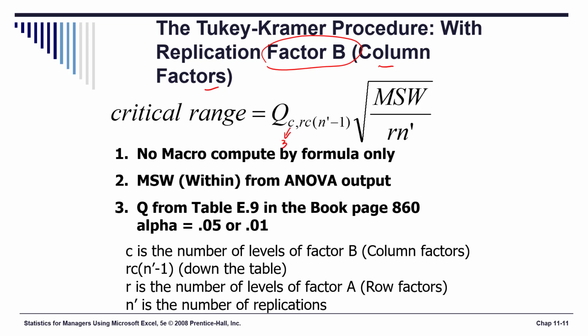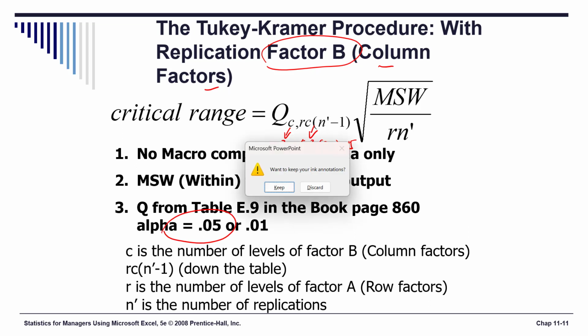C here is 3, right? And R is 5, C is 3, n prime minus 1, that's 2 minus 1, so it's going to be 15. So alpha is 0.05, as usual. And based on the three numbers, we can look up the Q values from the Q table.